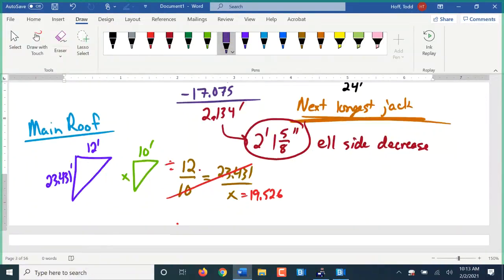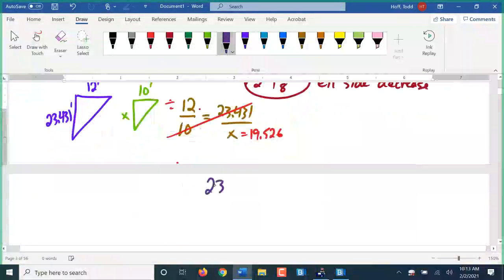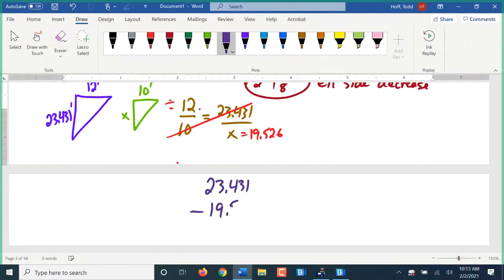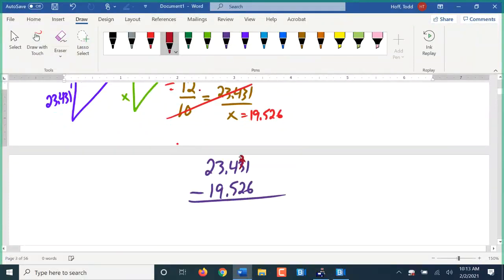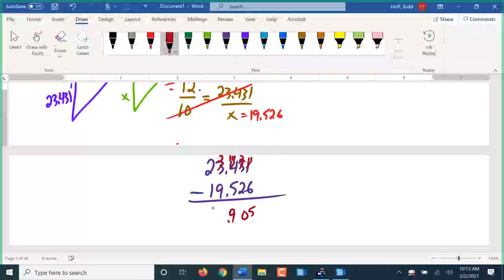And we'll subtract those to get our decrease. 23.431 minus 19.526 is 3.905 feet, our decrease.